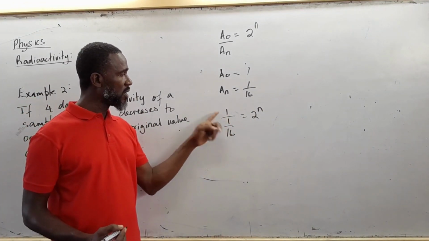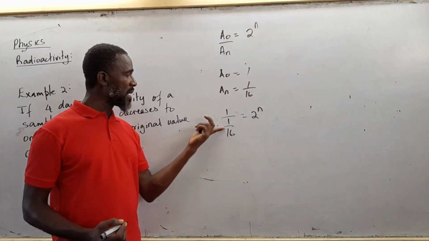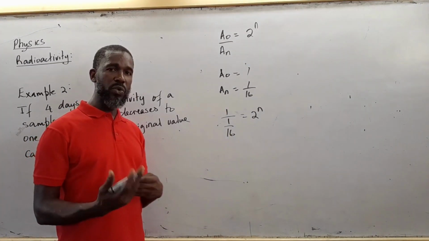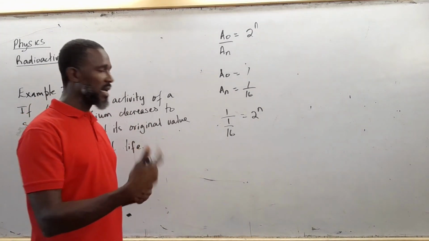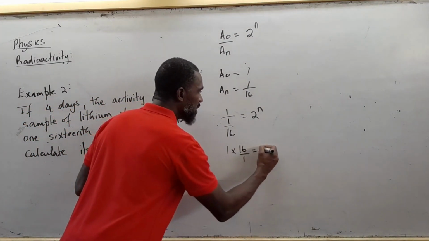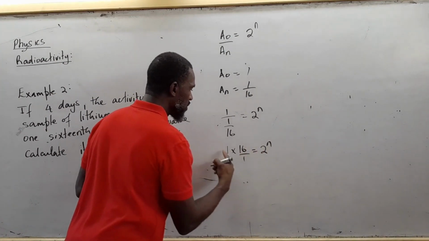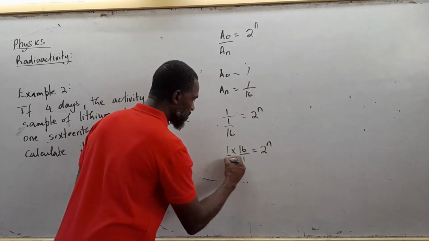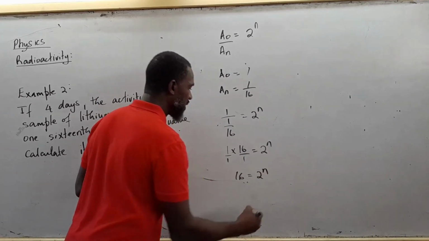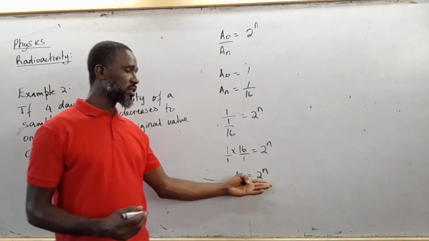So what we have here is a whole number divided by a fraction, and when we divide a number by a fraction, what do we do? We invert the fraction and multiply. So 1 multiplied by 16 over 1 is equal to 2 to the power n. So 1 times 16 becomes 16, so 16 is equal to 2 to the power n.